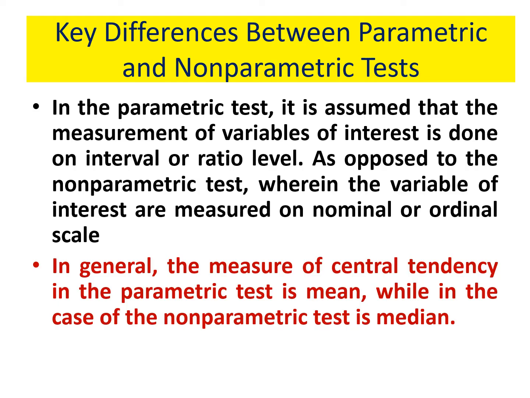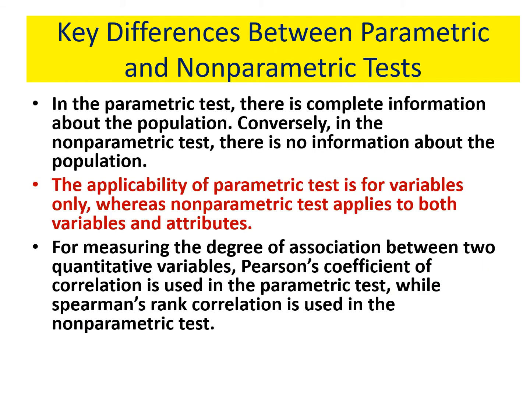In general, the measure of central tendency in the parametric test is the mean or the average, while in the case of non-metric tests, we measure the median as the central tendency measure.